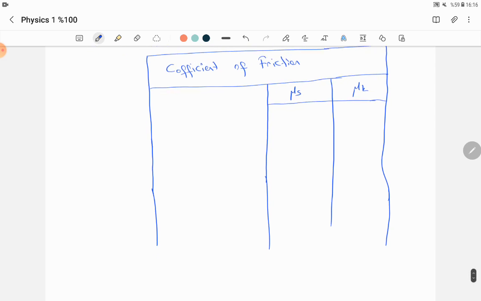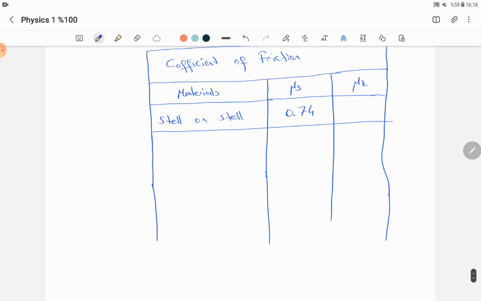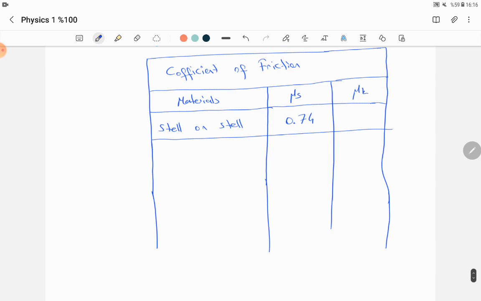And if you are looking here, steel on steel, our coefficient value is 0.74, and the other is 0.57.